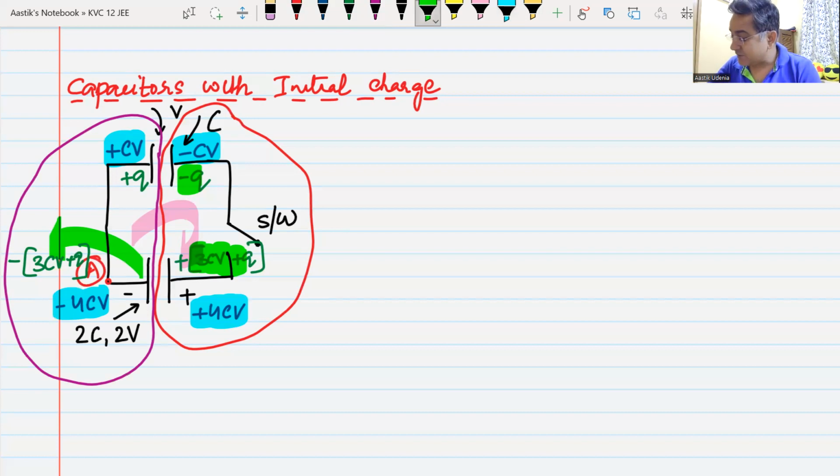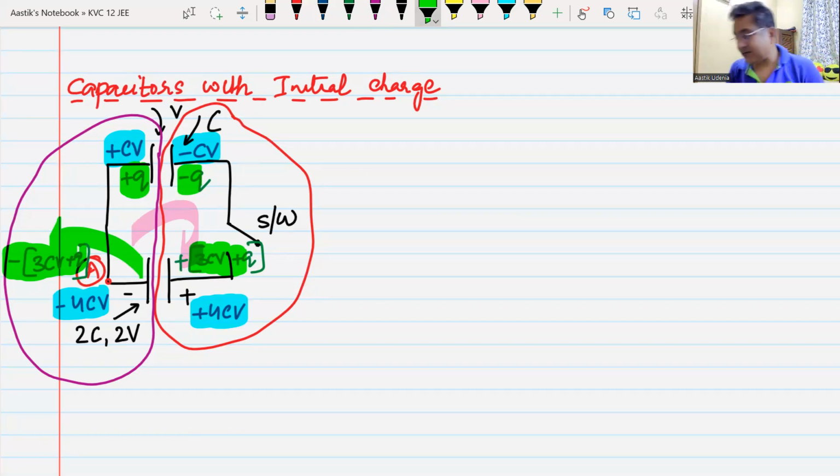And if I look at my final charges, this one has plus Q and this one has minus of this one. If I add these two charges, I will also get minus 3 CV. That means my charge distribution is good. So basically what I have done in just 5 minutes is nothing but added, subtracted and found out the charges. There is nothing big I have done here.